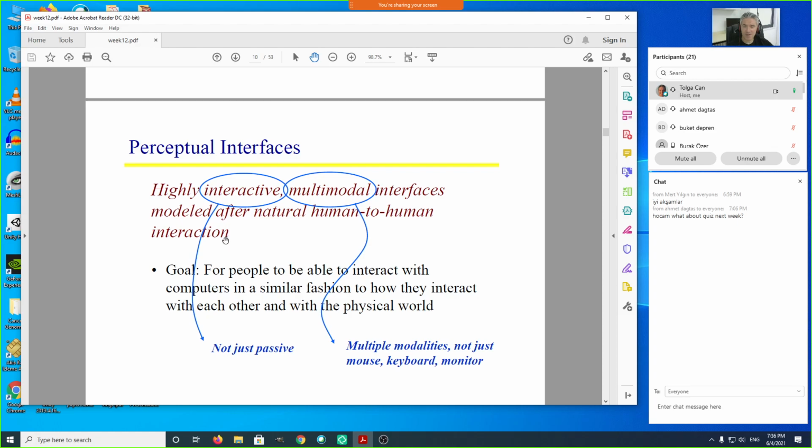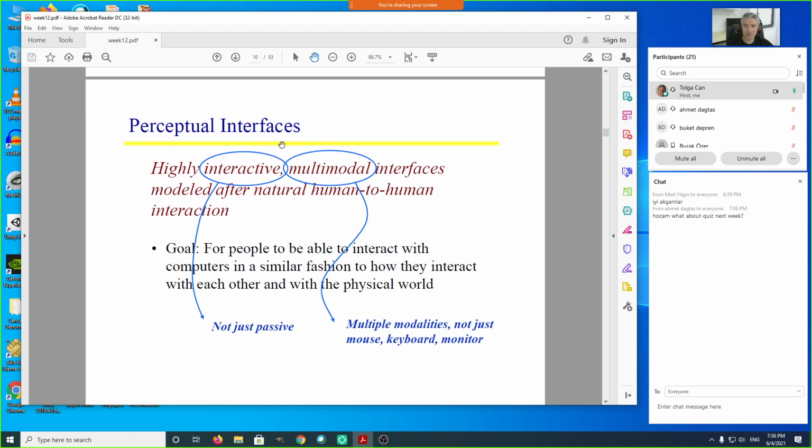So here's a definition of a perceptual interface: highly interactive. Just like, for example, when I enter my office and sit in my chair, the computer wakes up automatically, greets me, logs me in automatically. So it means that it's highly interactive. For example, also when my phone rings, it automatically pauses the recording of this lecture video, maybe, or mutes me automatically.